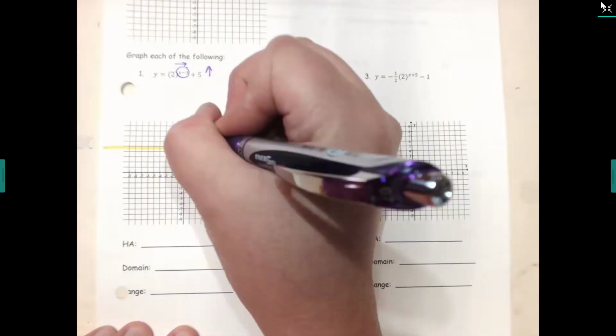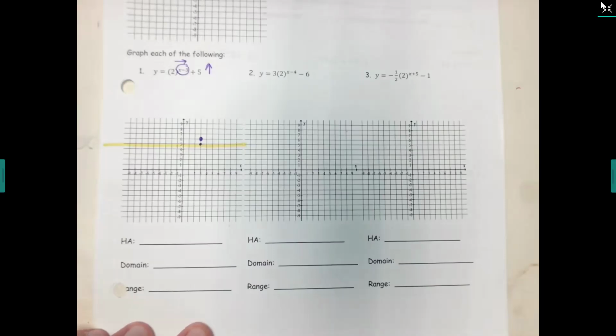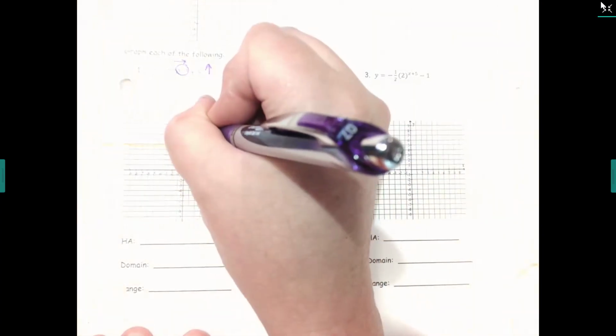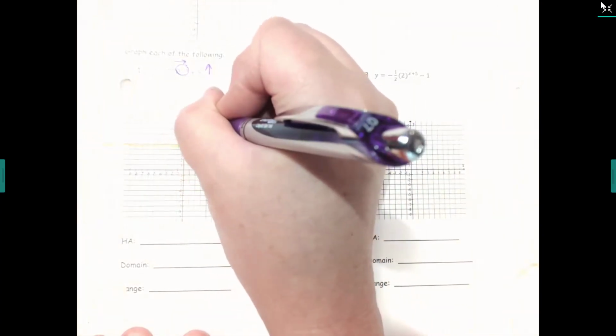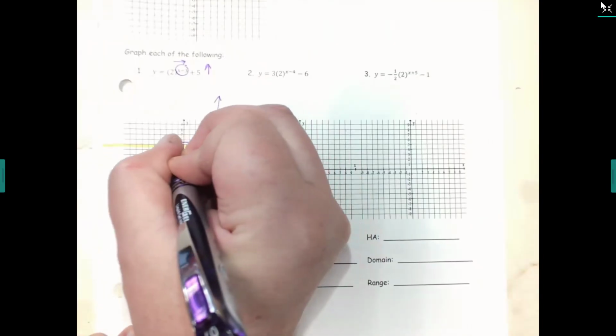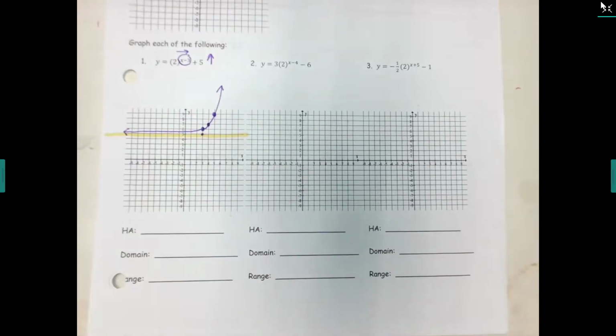So I'm going to start it here. And then remember, my y values would double. So I'd go 1 box. My next would be 2 boxes. My next would be 4 boxes. And it would grow really, really fast and then shrink down to the asymptote. Okay? Yes.